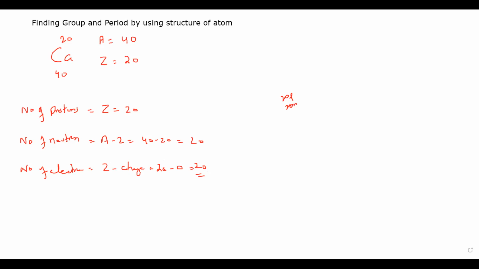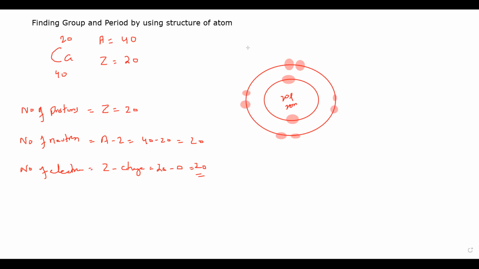First shell, maximum how many can I arrange? Maximum 2. The second shell, maximum 8. So 2 plus 8 makes 10. So I have arranged 10 electrons till now.